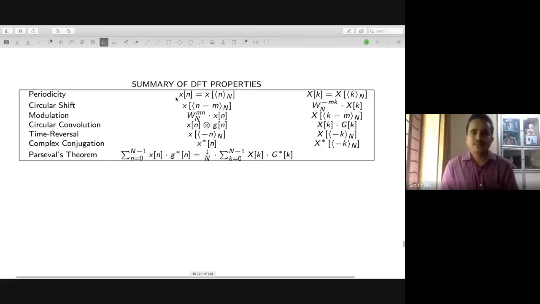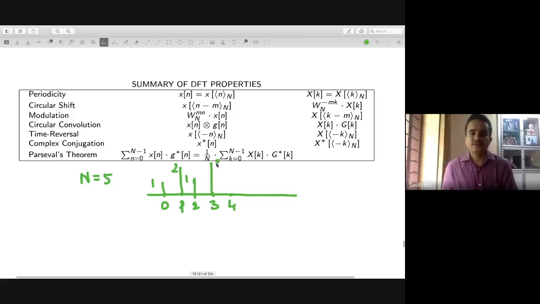In the case of DFT, you know that when you sample the signal in frequency domain, it's going to be periodic in time domain, and hence x[n] can be written as x of n modulo N. That means if you have a series, say suppose capital N is 5, then suppose these are the first 5 samples: 0, 1, 2, 1, 3.